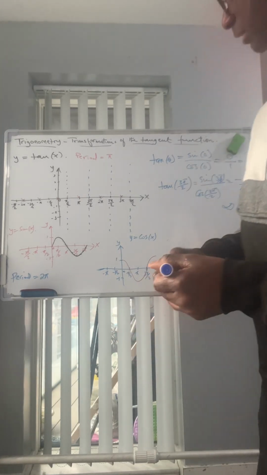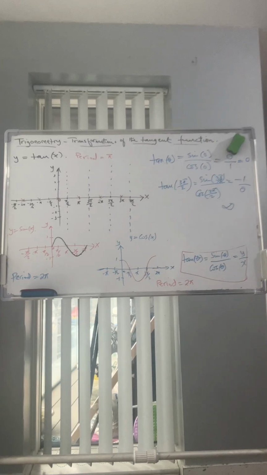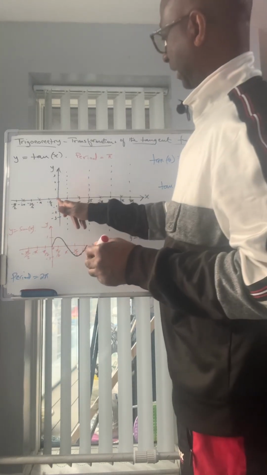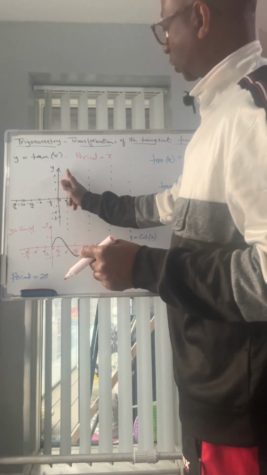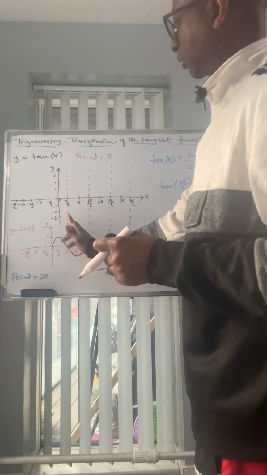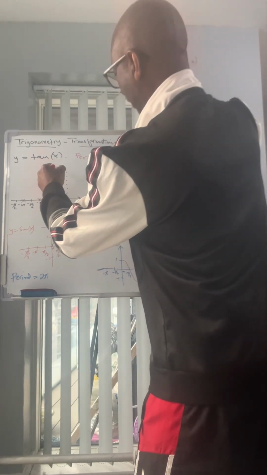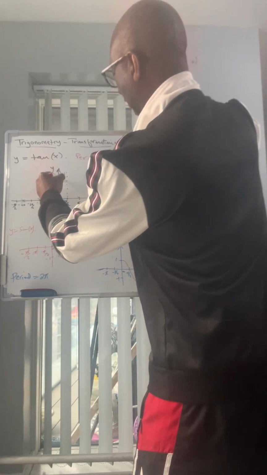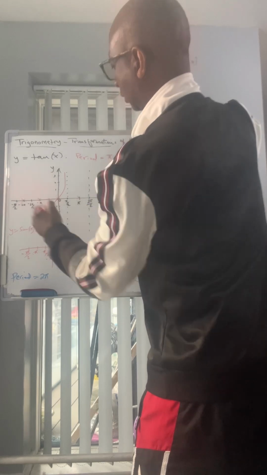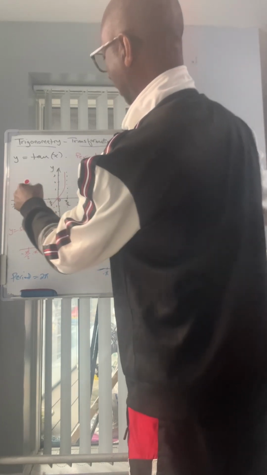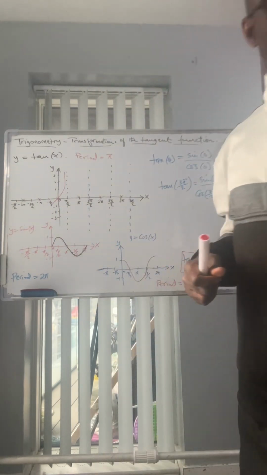So this is now the time for us to plot our graph. Since it approaches the line, the graph never touches it. It goes towards it, but will never touch it.